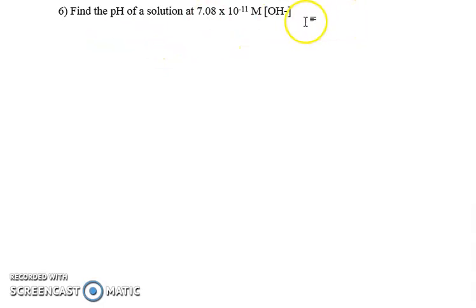I am given the hydroxide concentration, which means that I can use this formula over here.